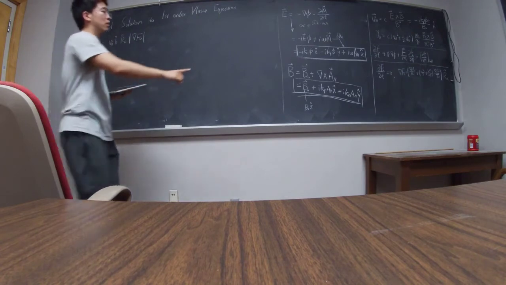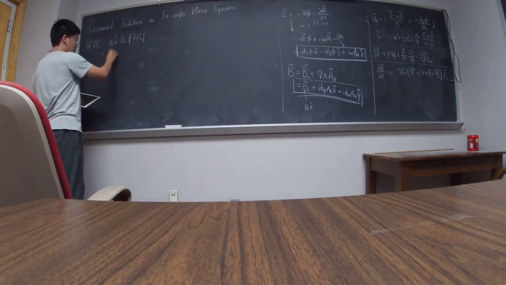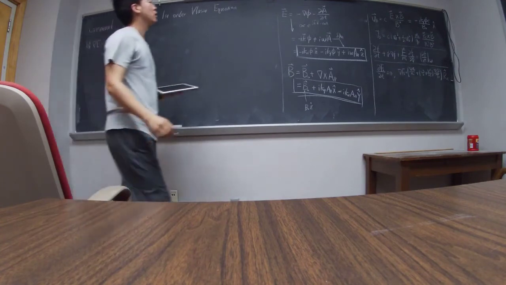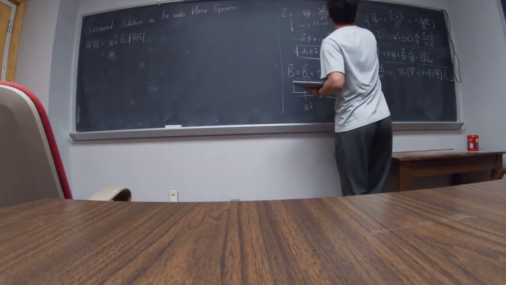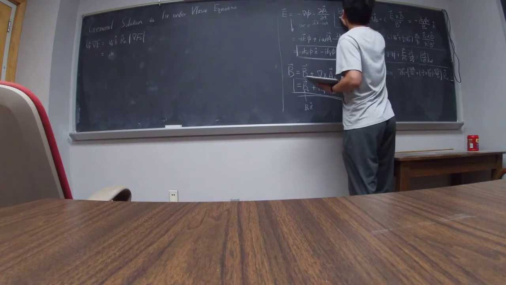The B, we got from here, negative k. We need to remind ourselves B is a Z direction, E perp is a Y direction.